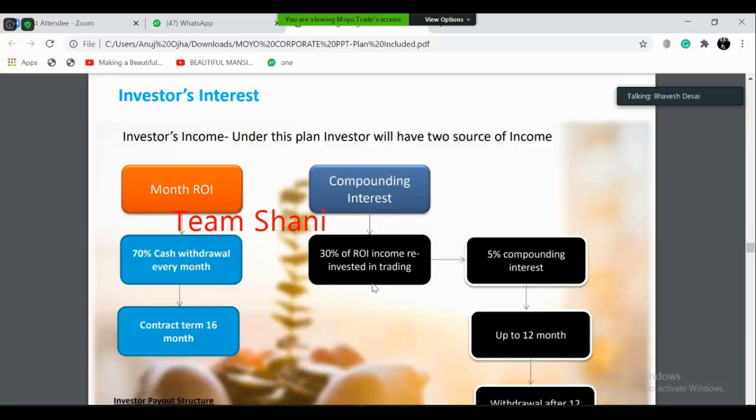Then it's 21.8, 22.9, 24.1, 25.3, 26.5, 27.9, 29.3, 30.7, 32.3, 33.9. Anuj, how many entries are there?